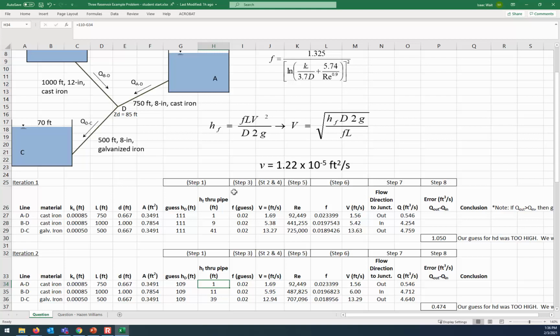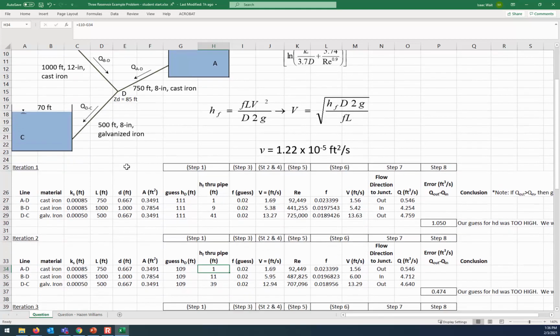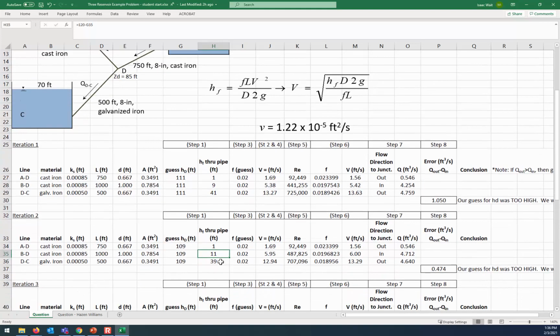Now what about through pipe BD? We're going from 120 down to 109, so the head loss is 11. That's fine. And if we're going from 109 down to 70, that means we're going to have 39 feet of head loss through pipe DC, so that's good. So we've made our update to the guess of the F value.